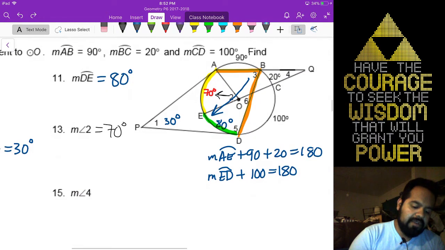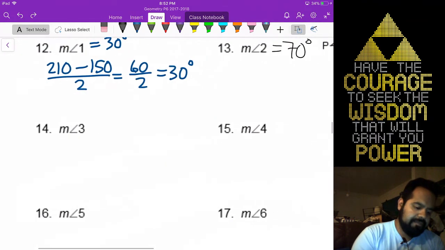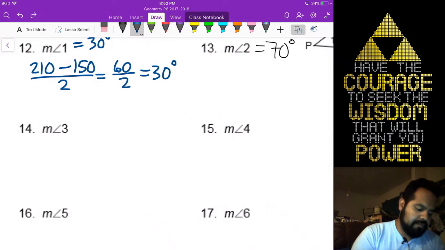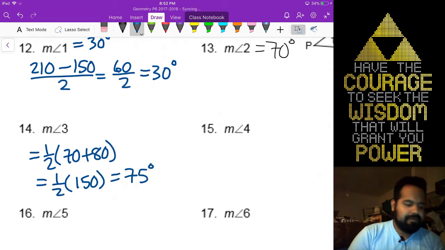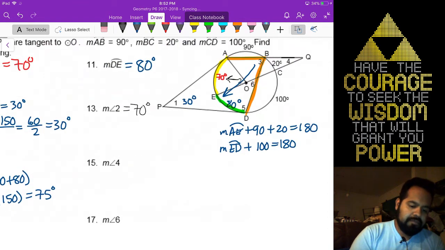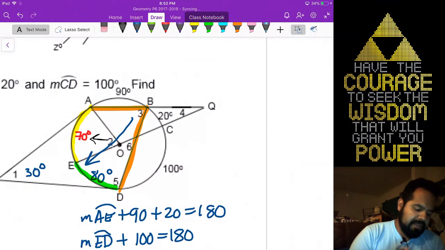So that's going to be 1/2 of 70 plus 80. So that'll give us 75 degrees. All right, we're making some progress here.